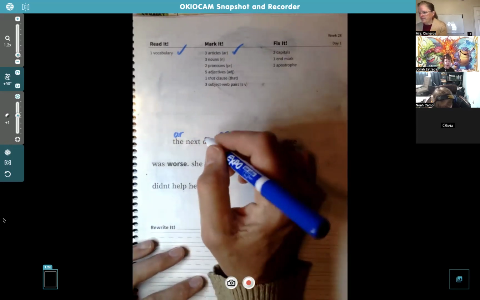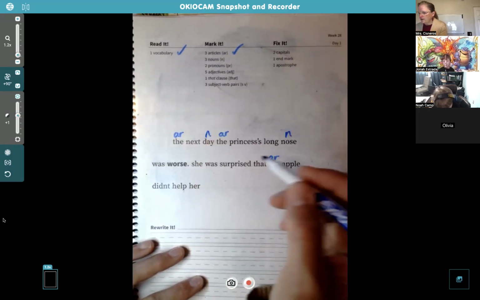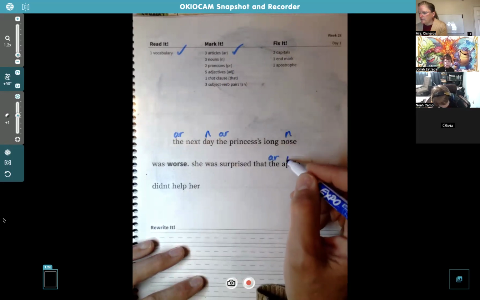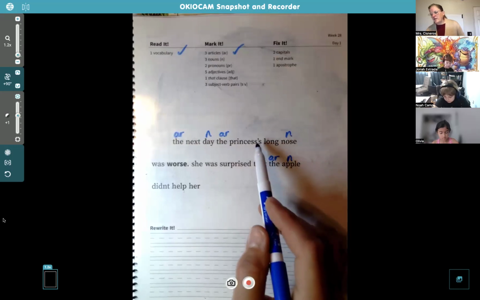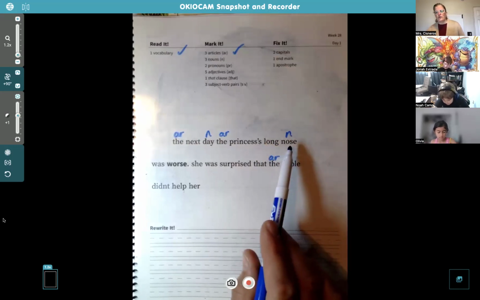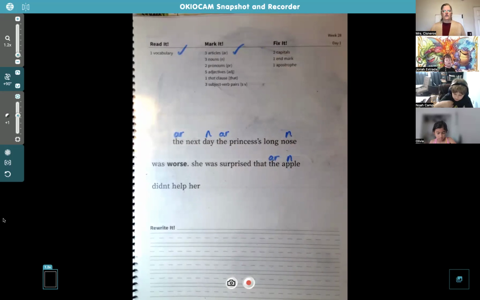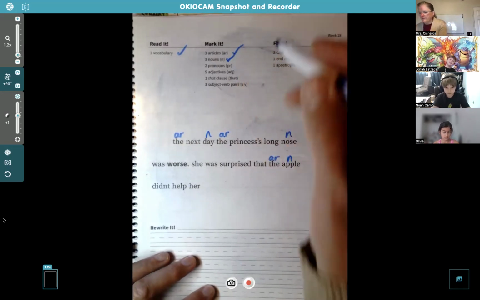Day, nose, apple. Nose and apple. Good. And pause for just a second there. I'm glad you didn't say princess's because it has apostrophe S, which means that the nose belongs to her. So I'm glad you didn't pick that as a noun because that's not a noun in this sentence. Good job. So, Olivia, what about the pronouns?